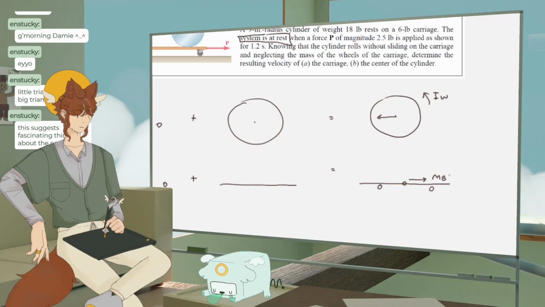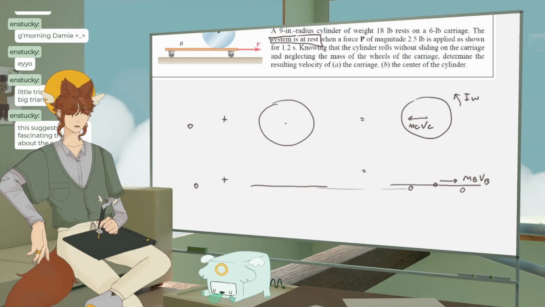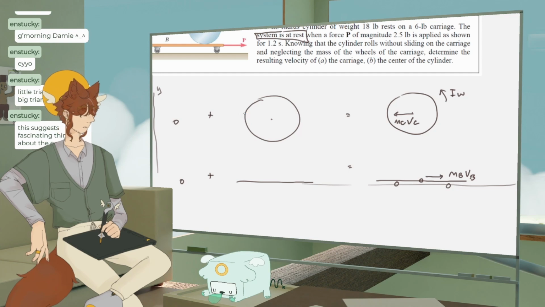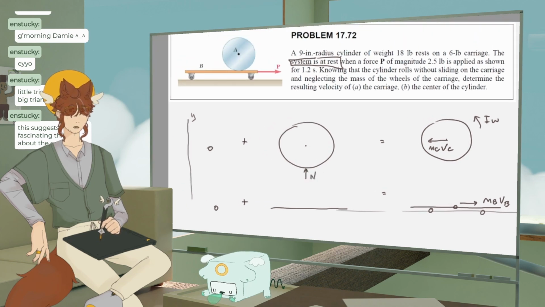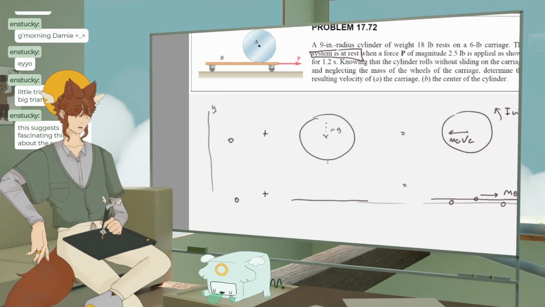M, B, V, V, B, B. This one will be M, C, V, C. We'll put some axes. We've ensnared them in our axes. Now we've got to put a bunch of stuff on here. So we've got a normal force. I'm gonna put these in kind of really light. So our mg is not an impulsive force, and our N is not an impulsive force.